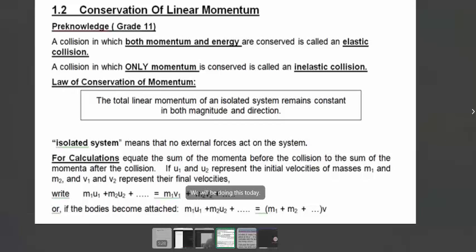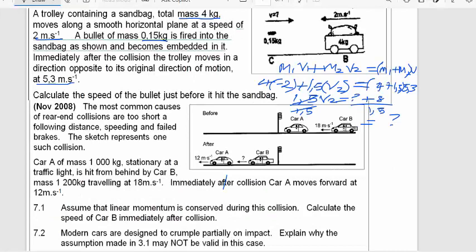Now, with the second question, you can read it from here.